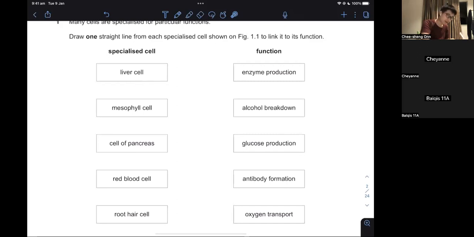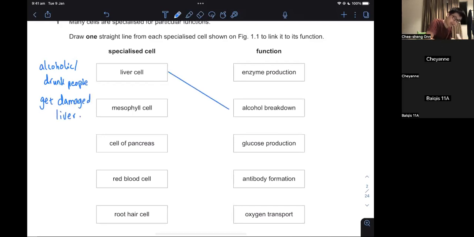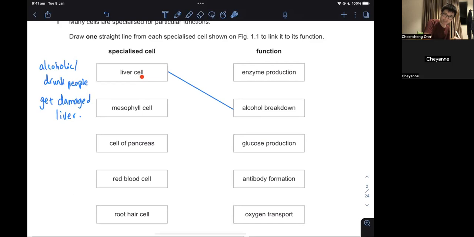So they say alcoholic or drunk people, this is general knowledge, they get damaged liver. So people who drink alcohol a lot, their liver gets damaged. So it does help you to break down alcohol, but too much alcohol means your liver is going to fail eventually because you make it overwork. I guess Balkis was disconnected, but anyway.